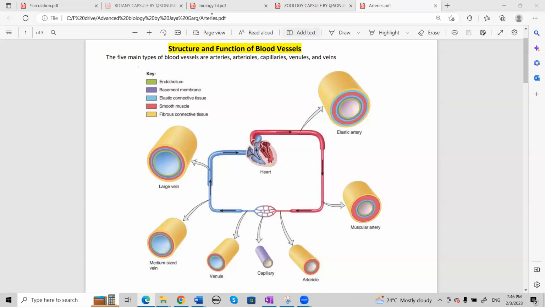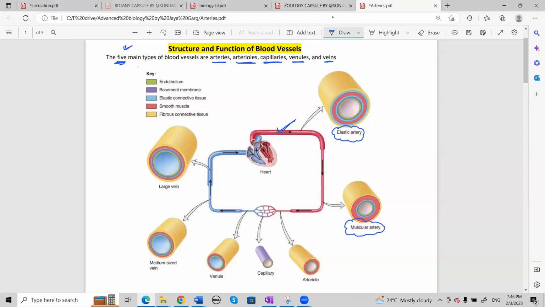Now see carefully, there are 5 main types of blood vessels. Arteries, which divide to form arterioles, which again divide to form capillaries, which unite to form venules and veins. So you can see this is the artery. Two types of arteries are there: one is the elastic artery, another is the muscular artery. Clear?